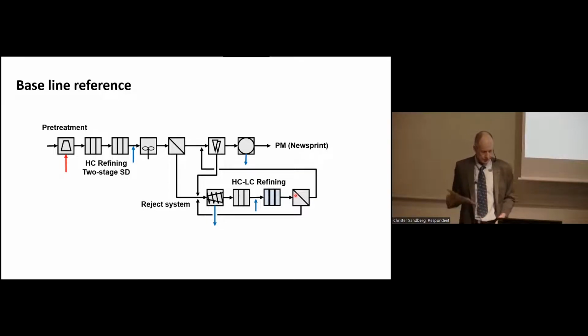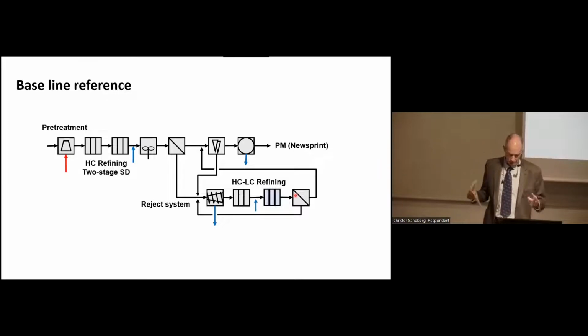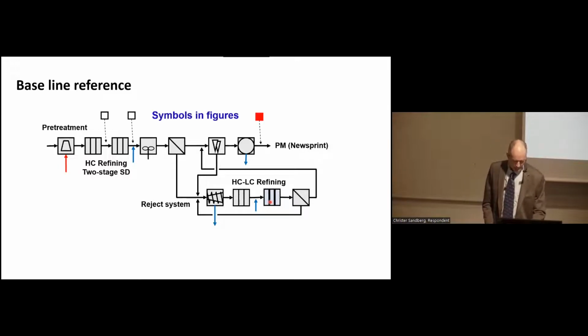And that was used to produce newsprint and looked quite similar to this one, with, again, two-stage single disk refining and high plus low consistency refining on the reject. And in the figures, you will see squared symbols from primary and secondary stage pulp and the final pulp. So this red dot is the most important reference in this case, the pulp going to the paper machine to produce standard newsprint.